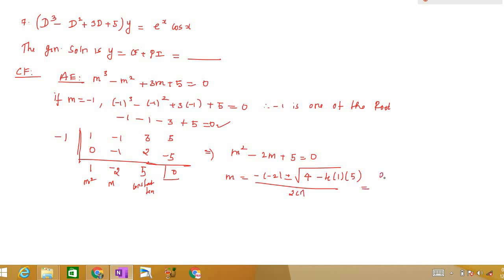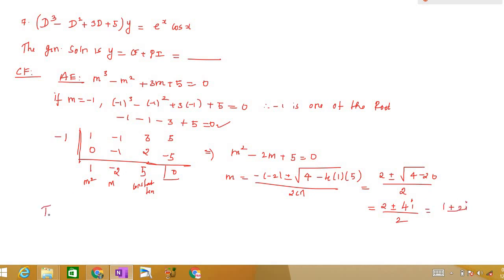So this will be 2 plus or minus square root of 4 - 20, by 2. It will be 2 plus or minus 4i divided by 2, because this is the square root of minus 16, so I can write this as 4i. If we take 2 common here, we'll have 1 plus or minus 2i.